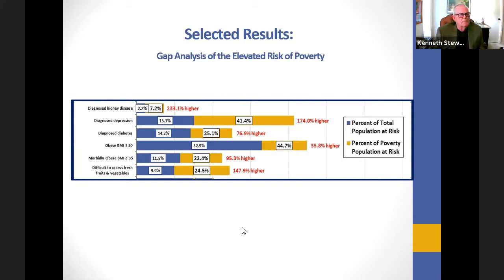What you can see is some really eye-popping differences over here in the gold bars. These are the percentages of people that in our survey indicated that they'd been diagnosed with depression or diabetes and other kinds of factors related to diabetes. And you can see that the estimates from the survey were much higher than the estimates from the BRFSS represented in the blue bars.